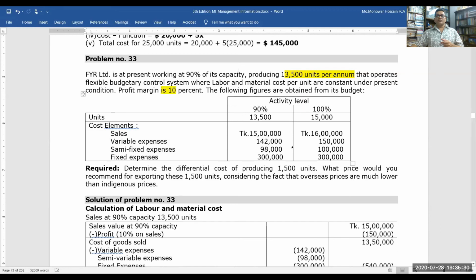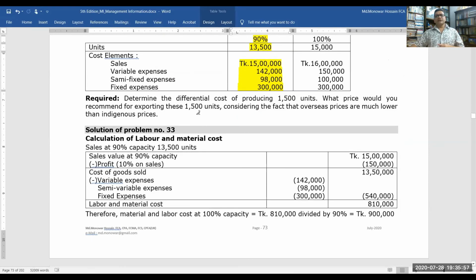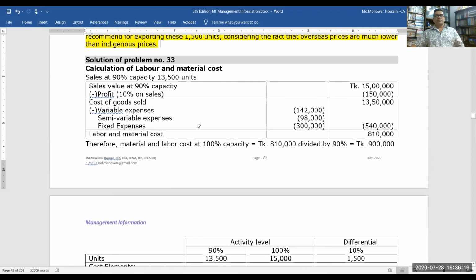The budget has activity at 90% and 100%, with 13,500 units under the 90%, variable expense, semi-variable expense, and fixed expense also given. Determine the differential cost of producing 1,500 units. What price should be recommended for exporting these 1,500 units, considering the fact that overseas prices are much lower? So calculate the labor and material cost.